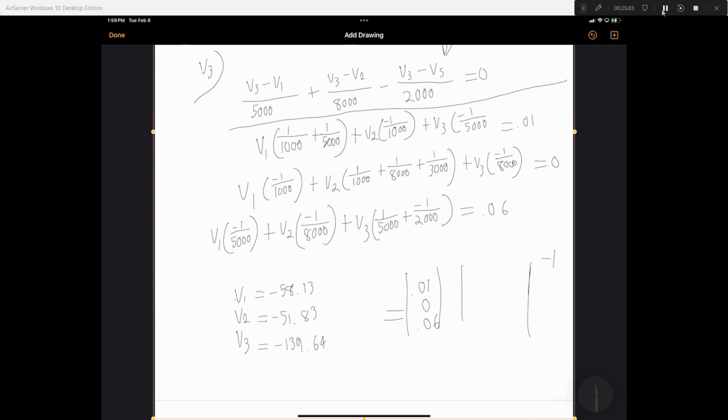Same numbers. Okay, where did I mess up then?